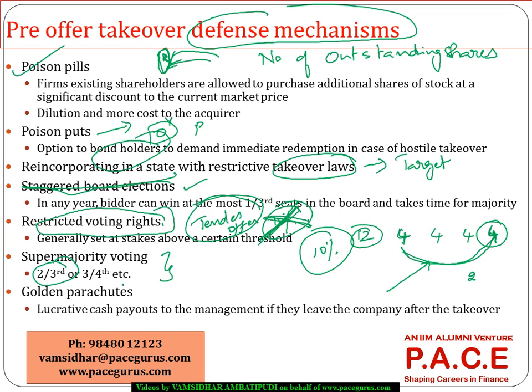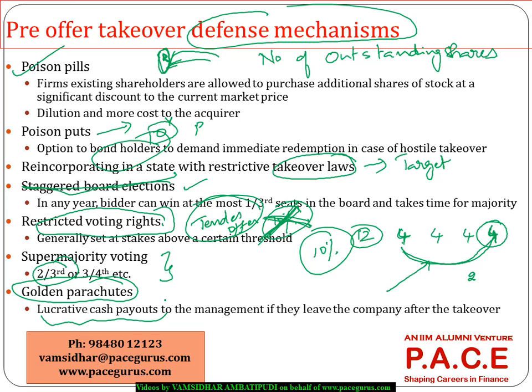And another interesting aspect is the golden parachute. The company can give lucrative cash payouts to the senior members. In case the takeover happens, then they can leave the company immediately. If they leave the company immediately after the takeover, they will be paid very heavily.